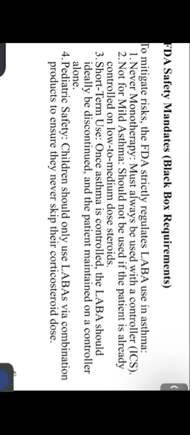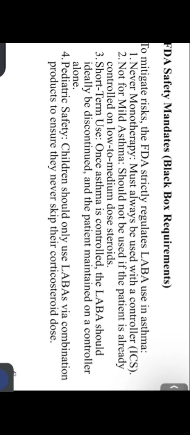First, never use monotherapy; it must always be used with a controller or ICS, your inhaled corticosteroid. Number two, it is not for mild asthma and should not be used if the patient is already controlled on low to medium dose steroids. Third, short-term use.